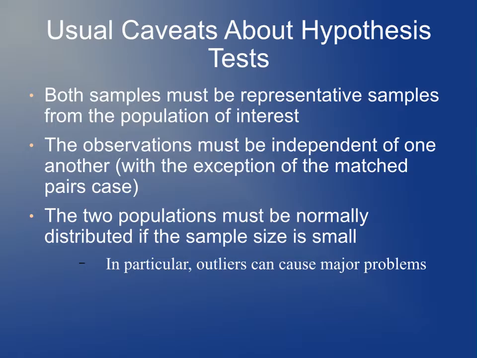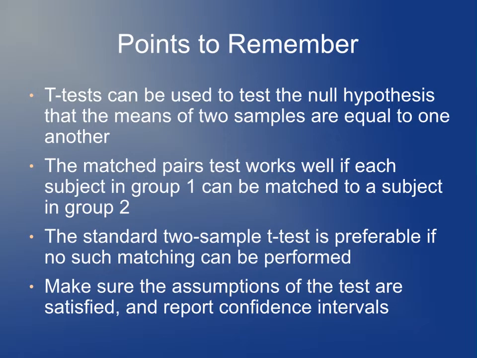If you compare one sample to another, then the two observations in a pair you do not expect to be independent. And the two populations also need to be normally distributed if the sample size is small. In particular, if there's bad outliers, that can cause problems.